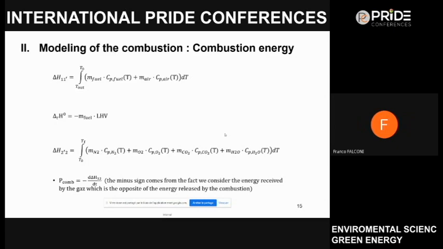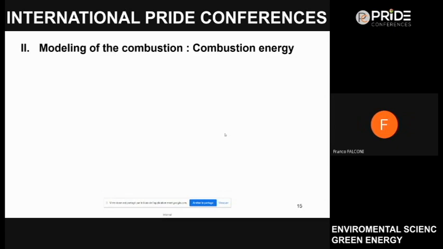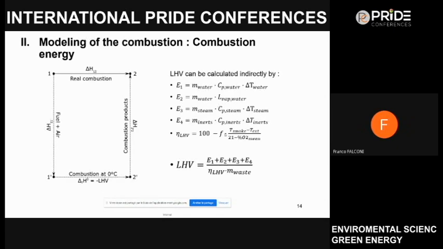So for the combustion energy, we are going to consider this virtual transformation in order to evaluate the total energy released by the combustion.